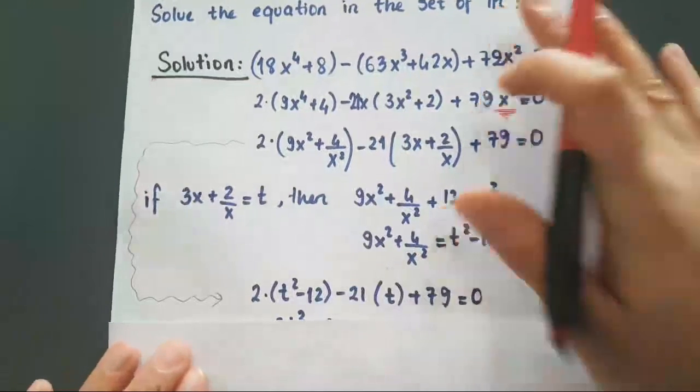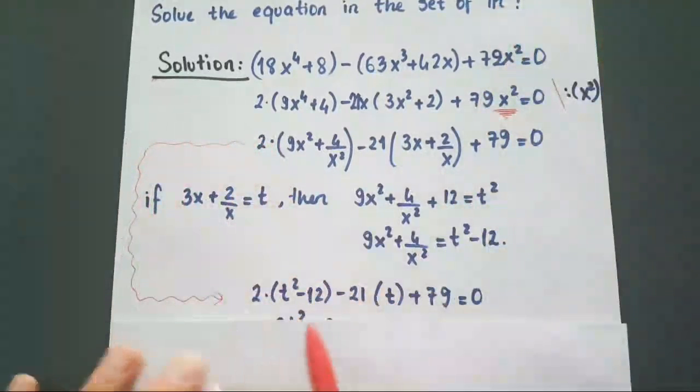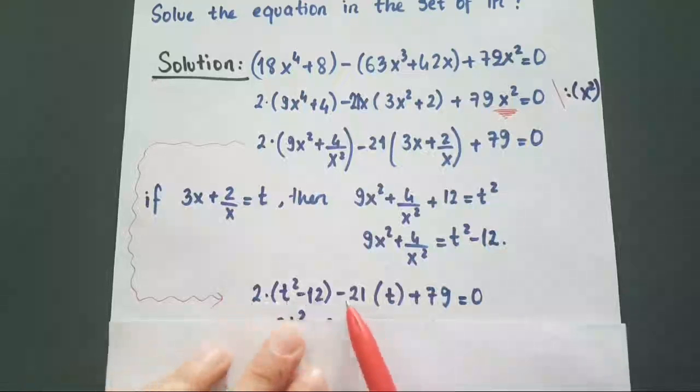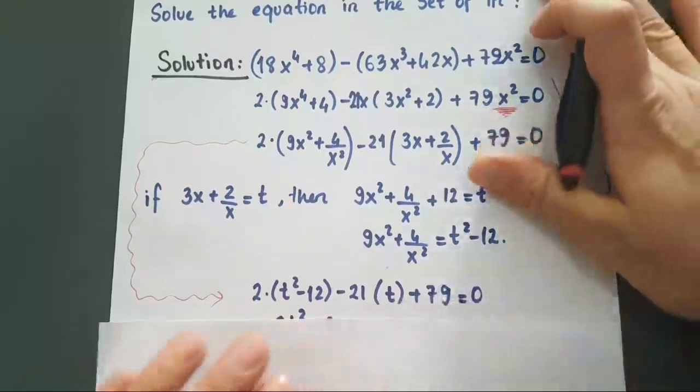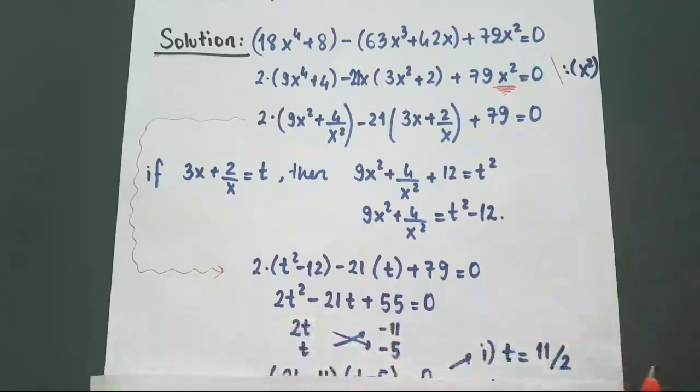I will substitute it in the equation. Here I show you: 2 times (t squared minus 12) minus 21 times t plus 79 is equal to 0. Let me simplify this quadratic. We will get 2t squared minus 21t plus 55 is 0. I factorized it.